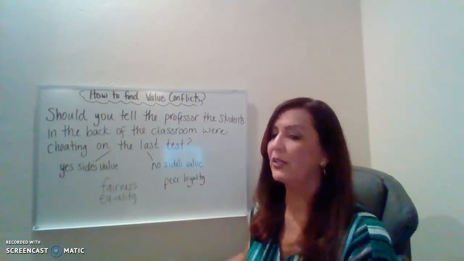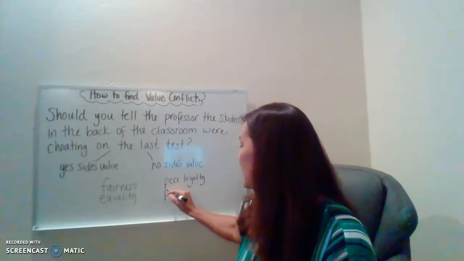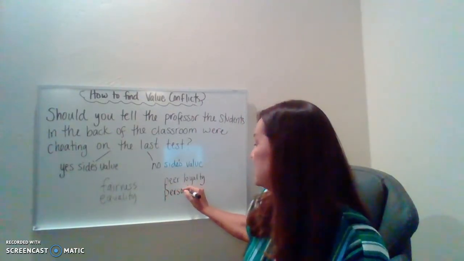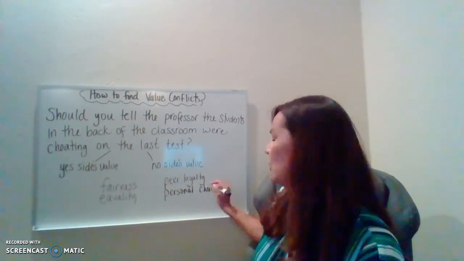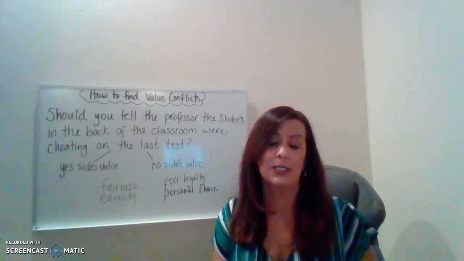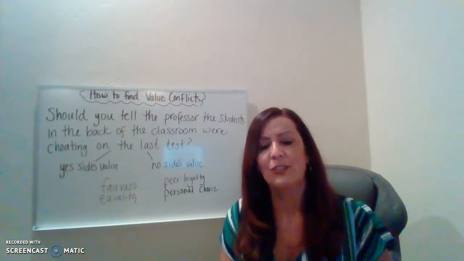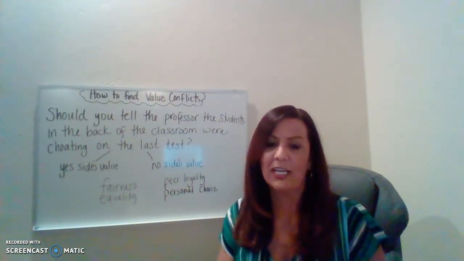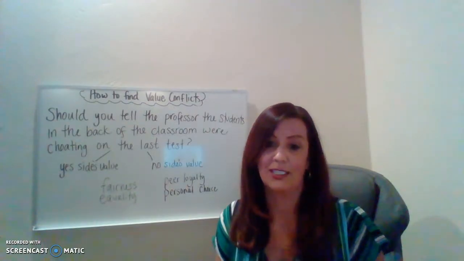This idea of being loyal to your peers, or it's a notion of valuing one's personal choice that, hey, whatever they do is none of my business. That's their choice. It's their education. So either of those values could be the values that are driving those to say, no, I'm staying out of it. That's not my place.